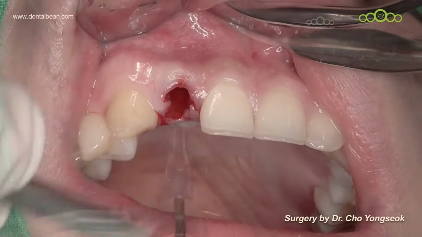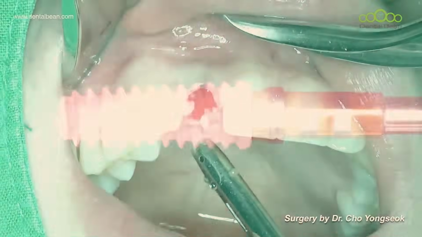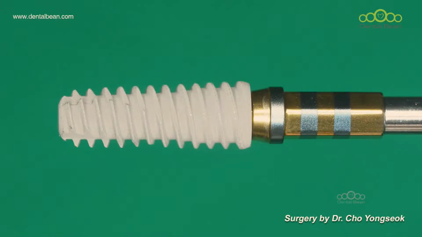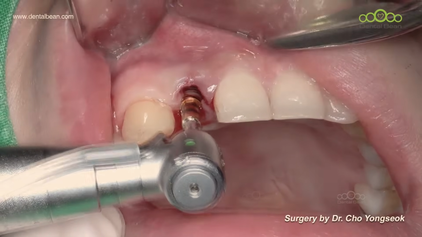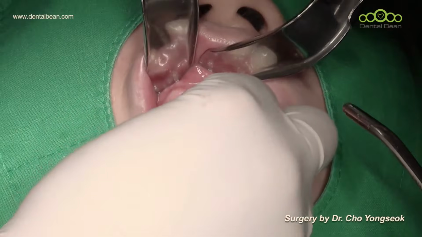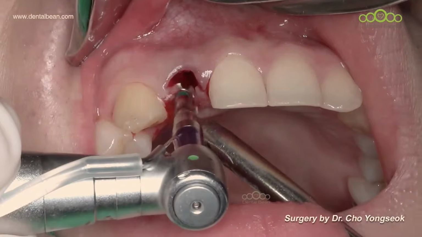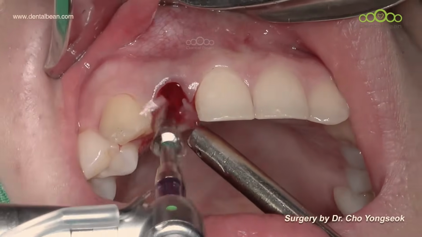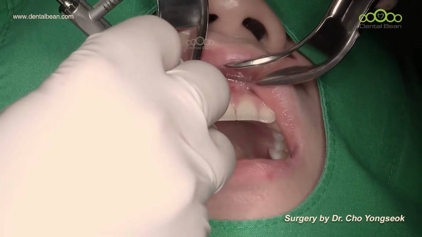Check the apical drilling hole, whether it has passed or not. After the final drill, the SQ implant was placed. At the first drill, the depth was not sufficient, so it spun. So prep the hole again.